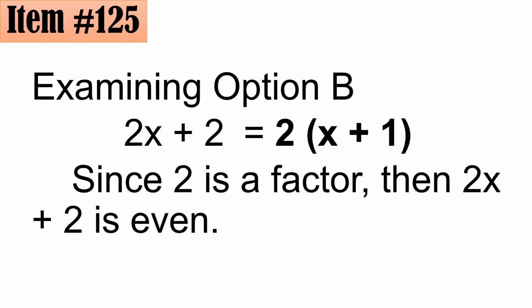And the rest, I'm sure, are not. You may check them on your own. You try substituting x as either odd or even sa any of A, C, and D, and I'm sure they will give you odd values. So the correct answer po is letter B.